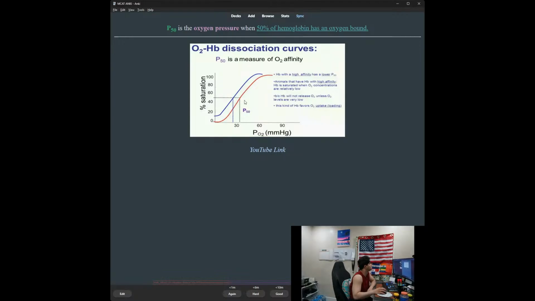Oh, okay. It's okay. P50. 50% hemoglobin has an oxygen power. That's the right shift.